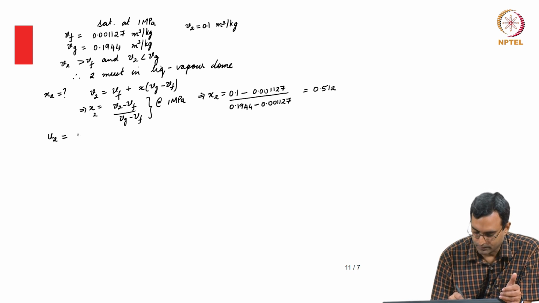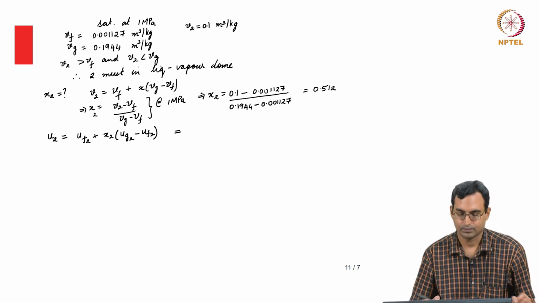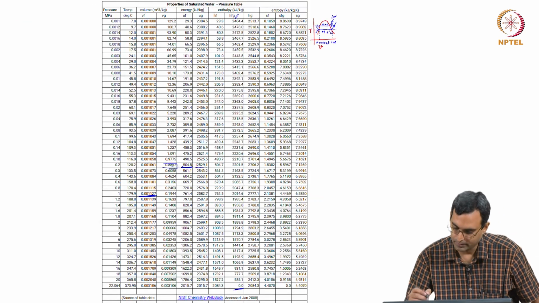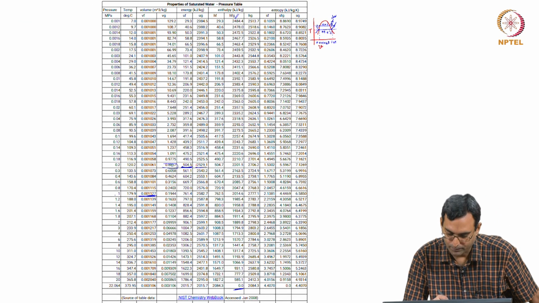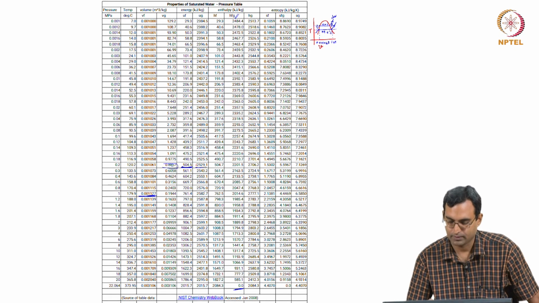u2 is essentially uf2 plus x2 into this. So, again we need the values of uf2 and ug2. So, we can find this from the tables. uf2 is at 1 megapascal. So, the value is 761.4 and 2582.7.